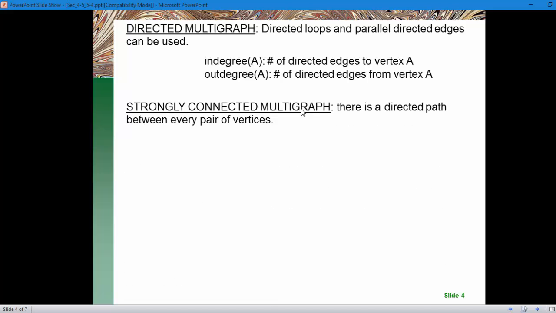Strongly connected multigraph. It means that there is a directed path between every pair of vertices. So you should be able to travel from one vertex to any other vertex through a directed path.